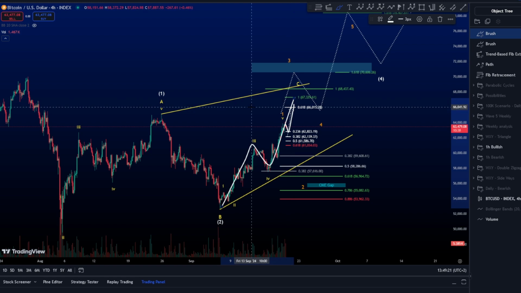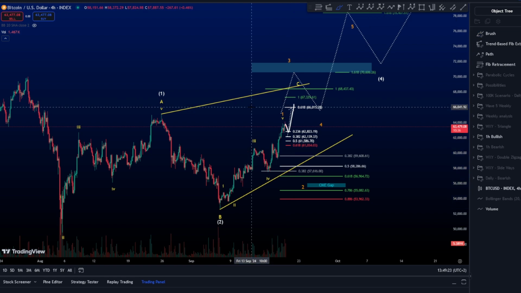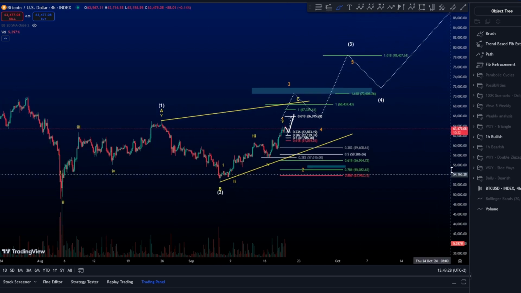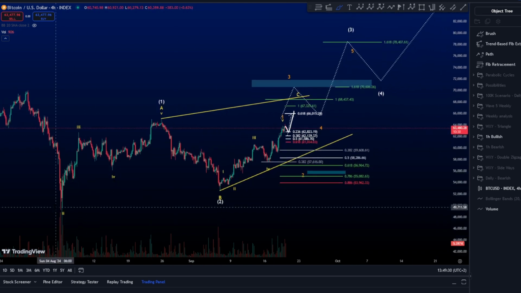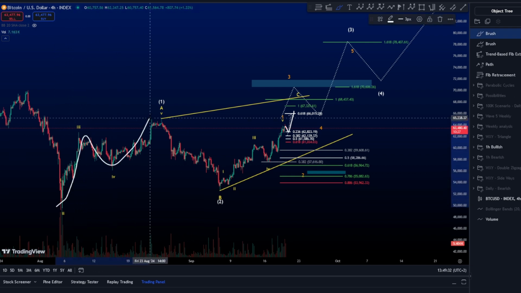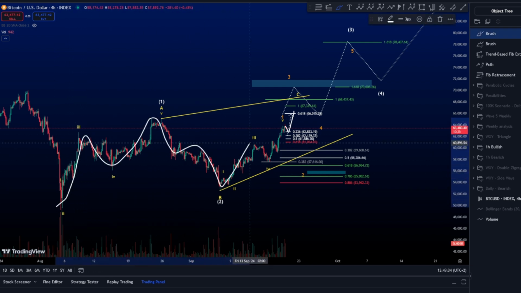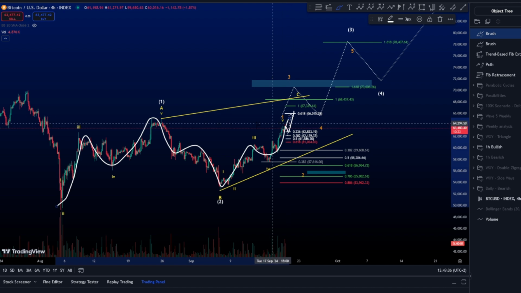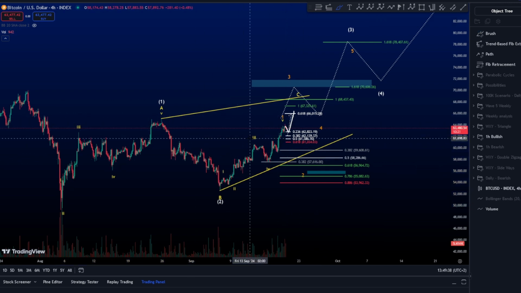And if that is the case, then of course there is a possibility that this can transform to 3 waves up, 3 waves down, and then 3 waves up as WXY. This is your bearish scenario.